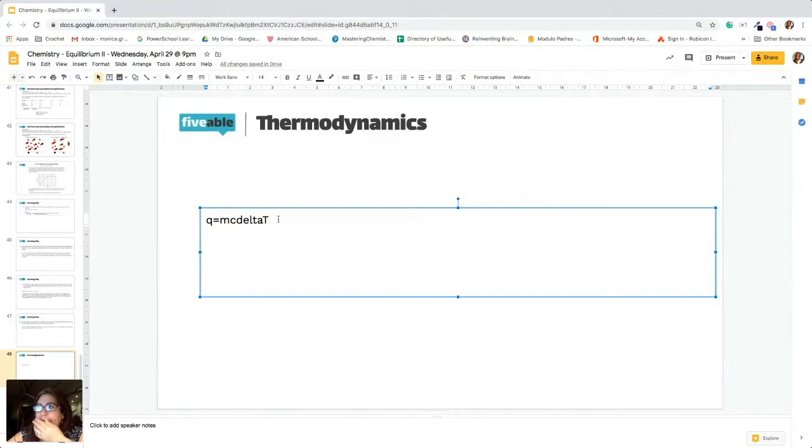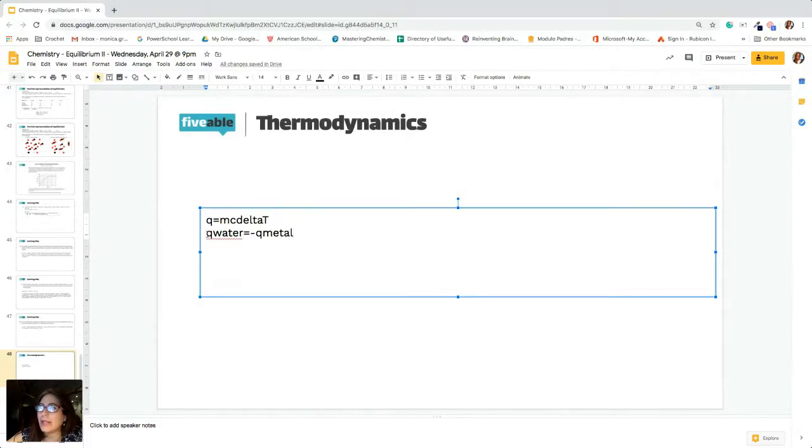So for example, in a calorimeter, which is usually one of water, the Q of water would be equal to negative Q of whatever thing that you're placing in the calorimeter. For example, if you're placing a metal in the calorimeter, then whatever heat the water gained, you assume that it was the heat that the metal lost.